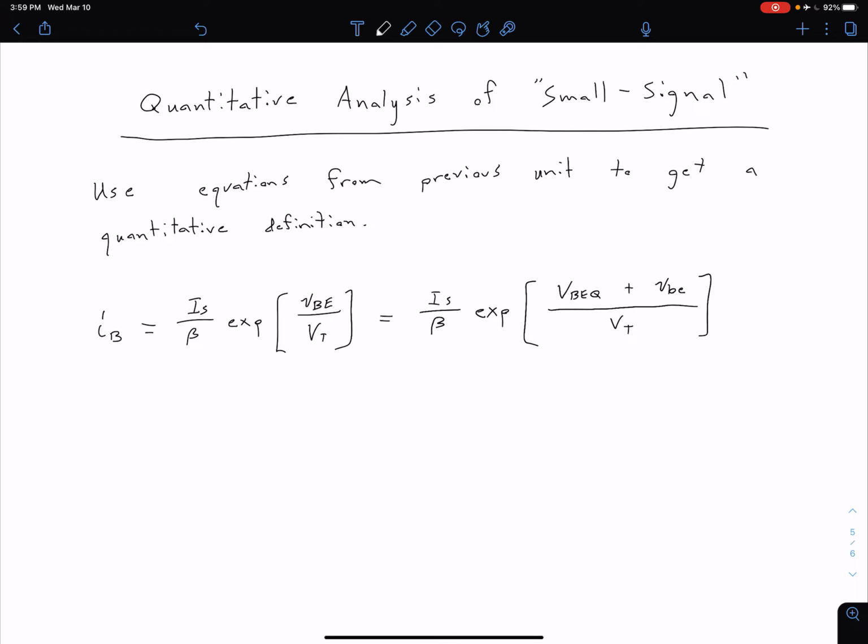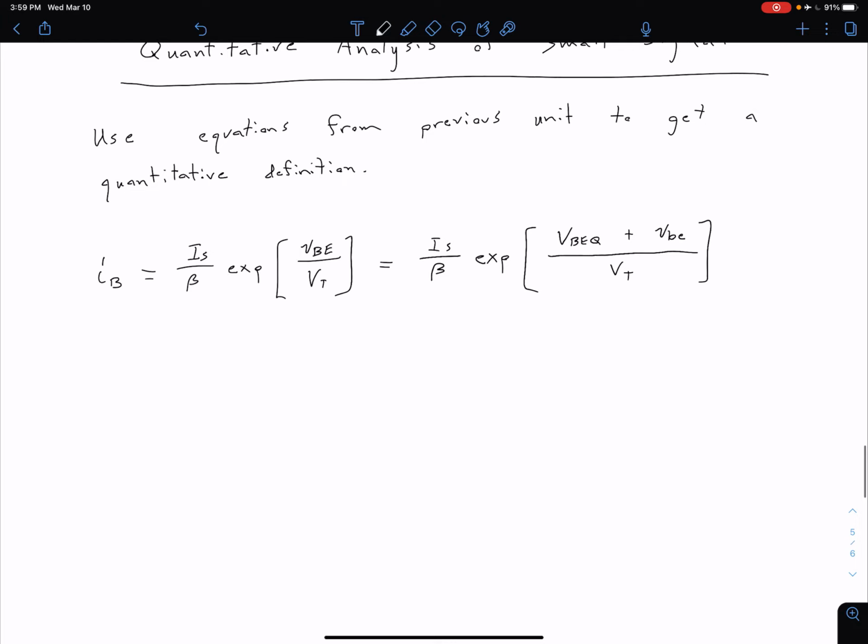Now we can use properties of our exponential function and break that up into two terms. We can say this overall base current is equal to IS over beta times the exponential of VBEQ divided by Vt, times the exponential of our AC component, VBE, divided by Vt.